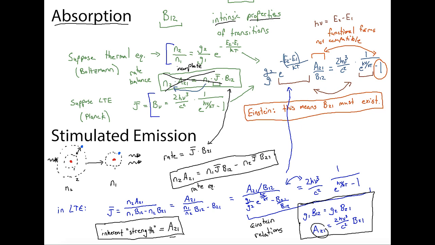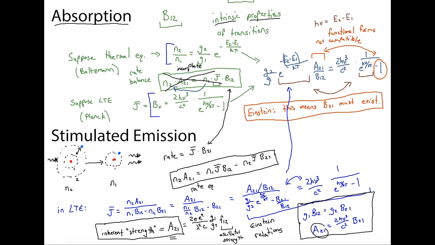And one last thing I'll mention here, this inherent strength being governed by an Einstein A coefficient, you'll sometimes see another thing called an oscillator strength, which is basically also measuring the strength of a transition in an atom or molecule. An oscillator strength is related to an Einstein A coefficient by 2 pi e squared, where e is the charge, over lambda squared c times the ratio of the degeneracies, and this F12 is the oscillator strength.